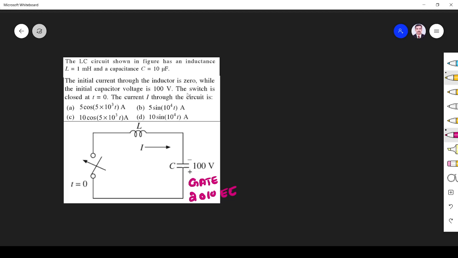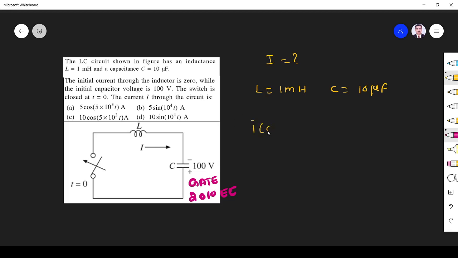The current I through the circuit. So we have to find the current I through the circuit. What have they given? The inductor value L is equal to 1 millihenry, C is equal to 10 microfarad, right?